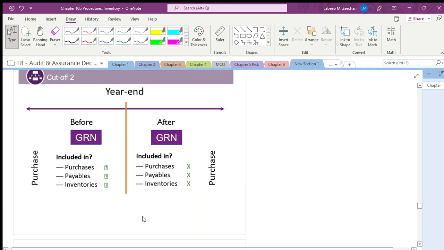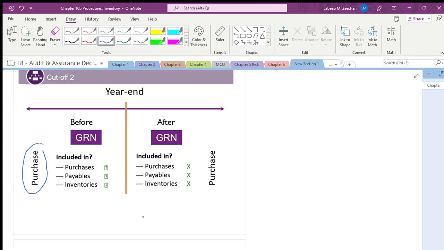You are talking about the before, in terms of order. What we are very much concerned about is purchases. We have before GRN, it has been included in. If it has been included in, we will make it a point, and after GRN, how it is going to be worked out. We'll see whether the goods received note, whether the goods received, this is the cutoff date.